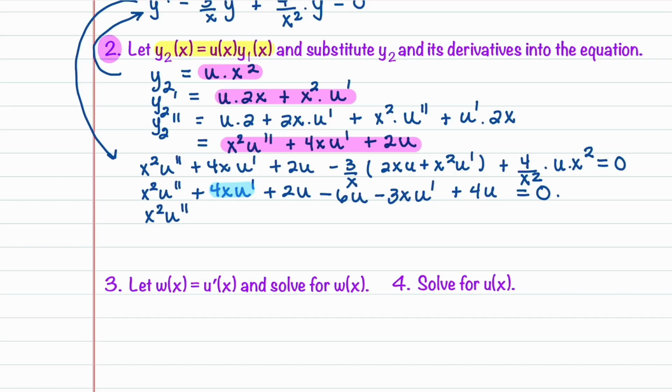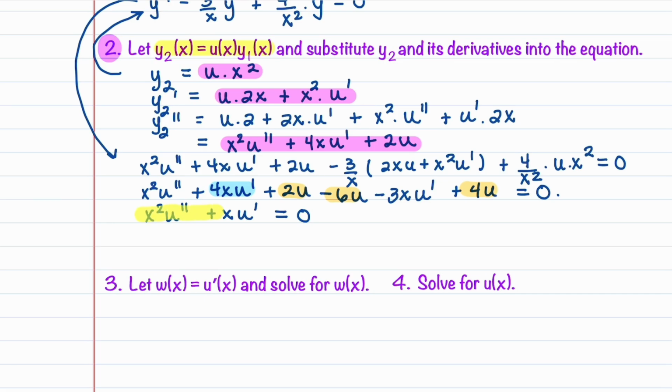We have a u prime here and here, so this gives us a plus x u prime. And then we have a 2u, a minus 6u, and a 4u. So 2 minus 6, that's minus 4, plus 4 is 0. So the u term goes away, and that's equal to 0. Reduction of order is designed so that the u term always goes away. Let's highlight the equation that we got before we go on to the next step.